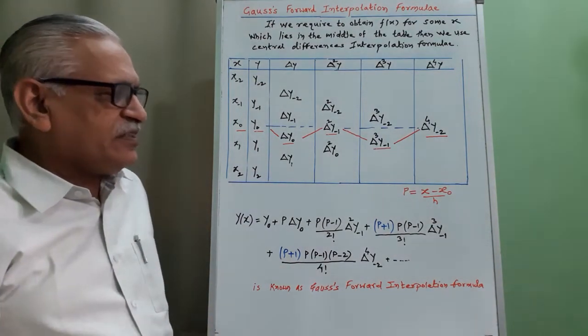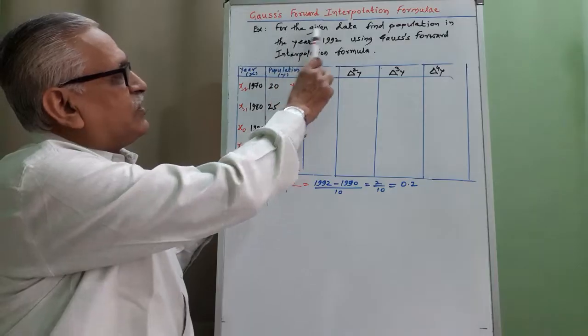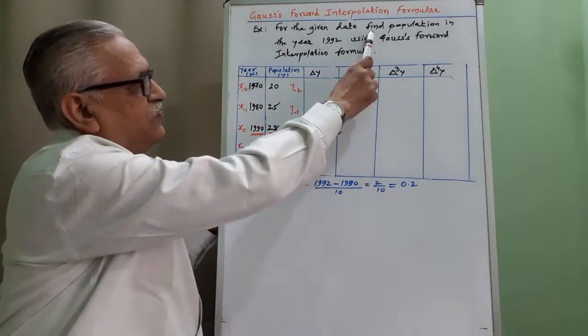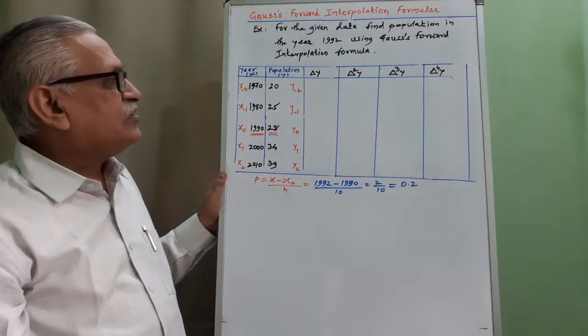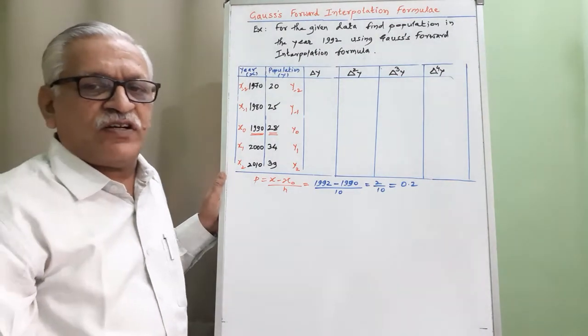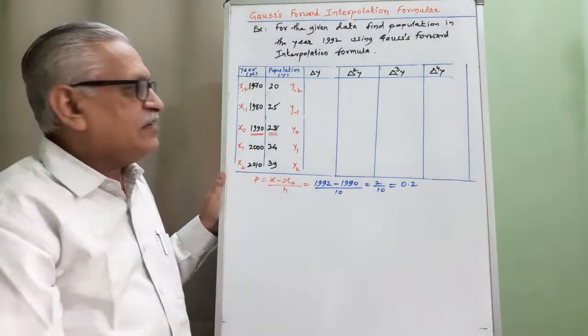Then we try to see a simple example on it. For the given data, find population in the year 1992 using Gauss's forward interpolation formula. We have the table.